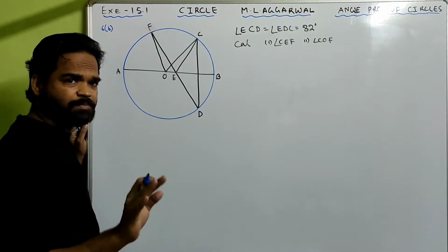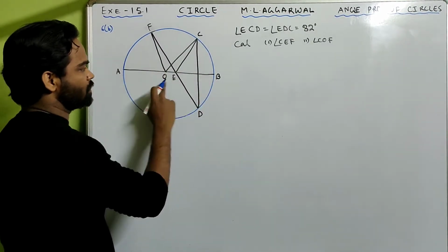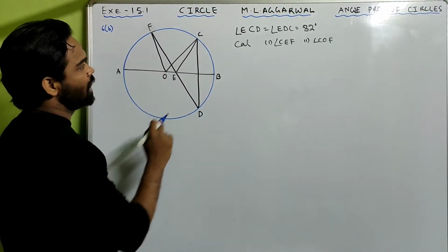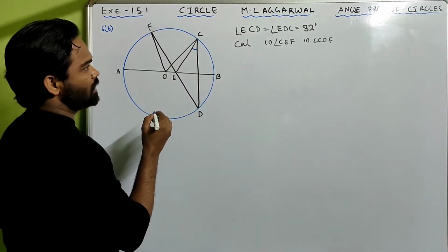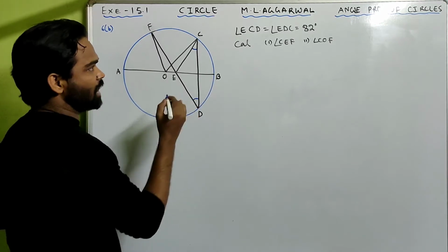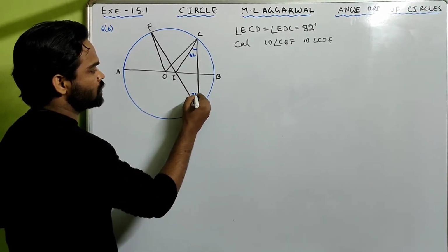Now look at this sum, 6 part B. Trust me, very easy. In this circle, AB is the diameter, O is the center. Angle ECD, which means this angle, and EDC, which means this angle, are given as 32. So this is 32 degree, this is 32 degree.